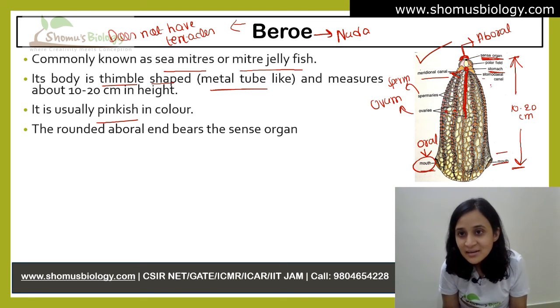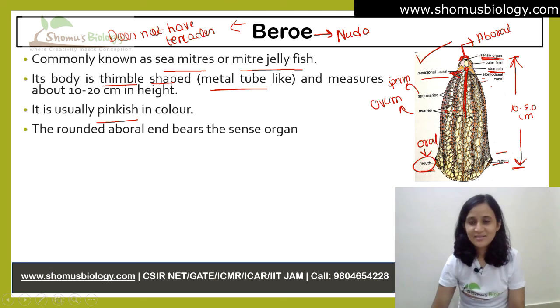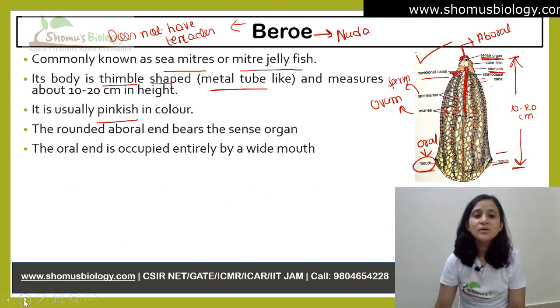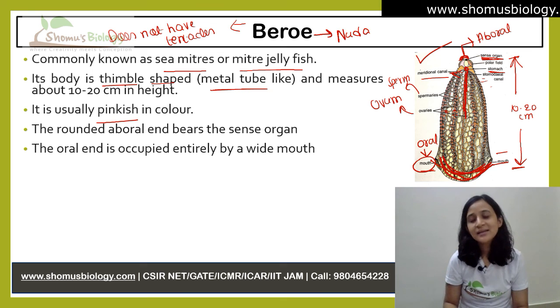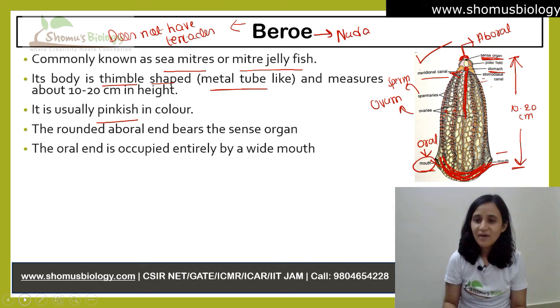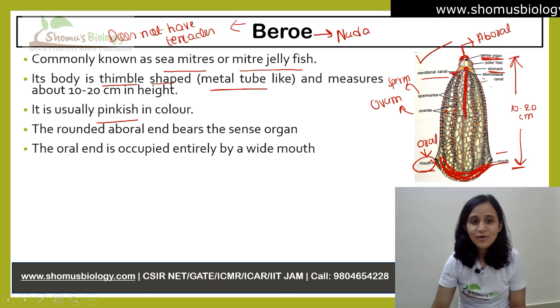So this is the stomodeal canal. It is arising from the stomach. Now the oral end is occupied entirely by a wide mouth. This is the wide mouth, and this is found in the oral edge of the body.